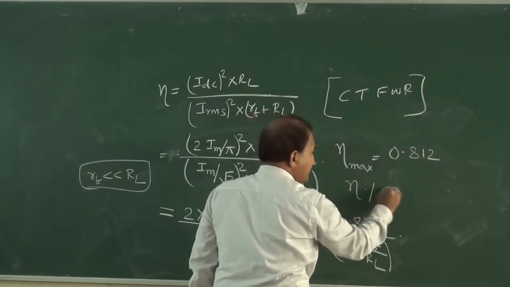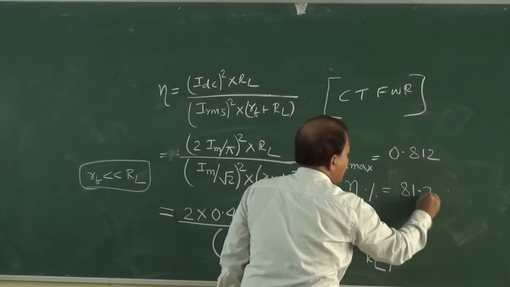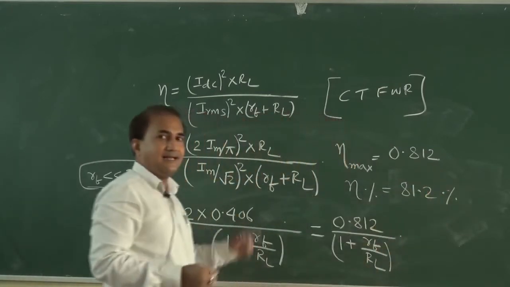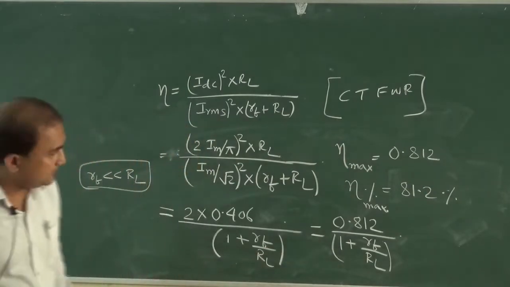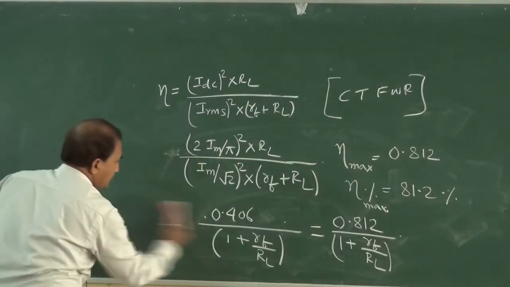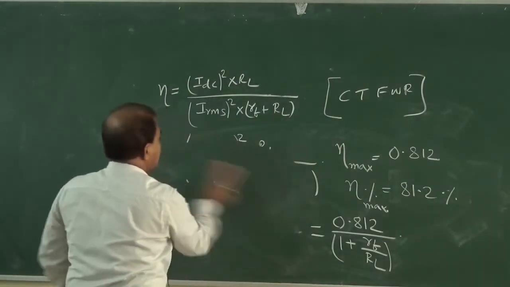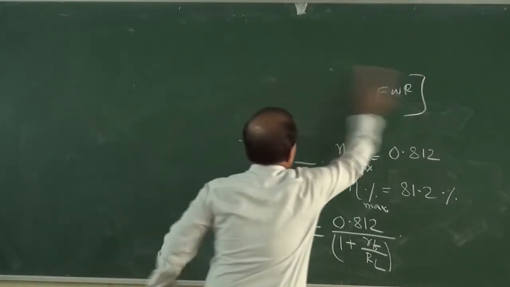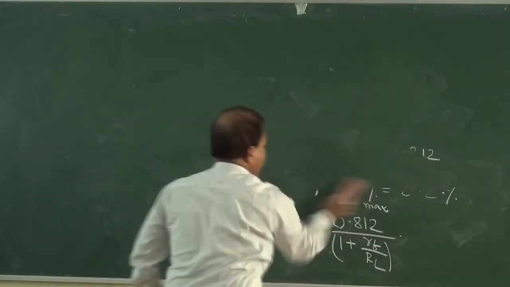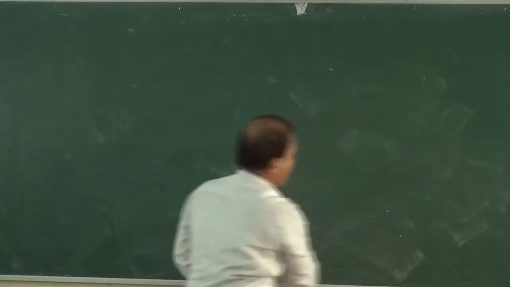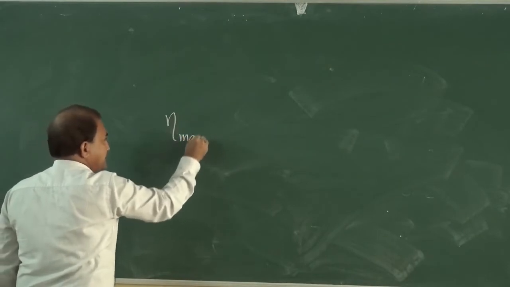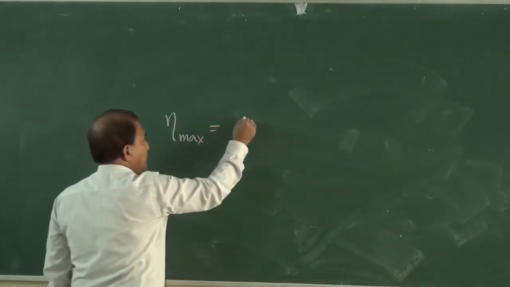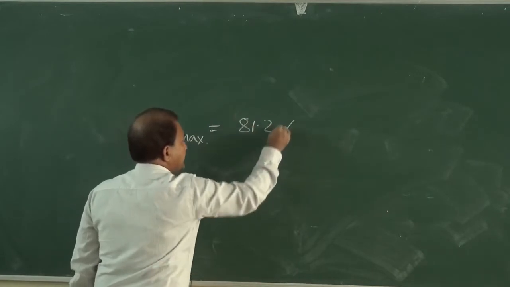In terms of percentage, the efficiency is 81.2%. This is the maximum value. So in the case of a center tap full wave rectifier circuit, the maximum efficiency is 81.2%.